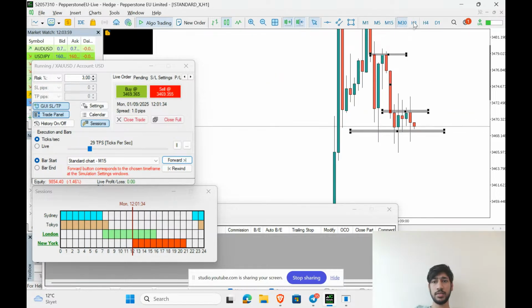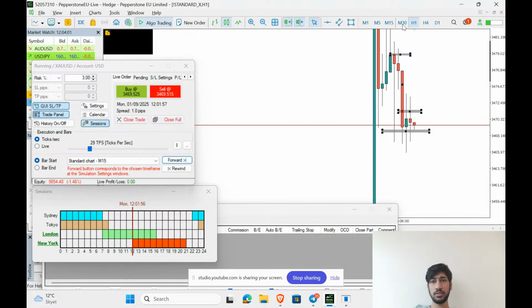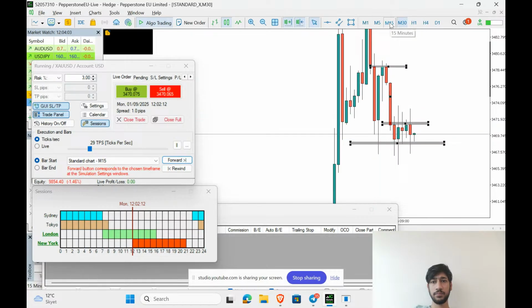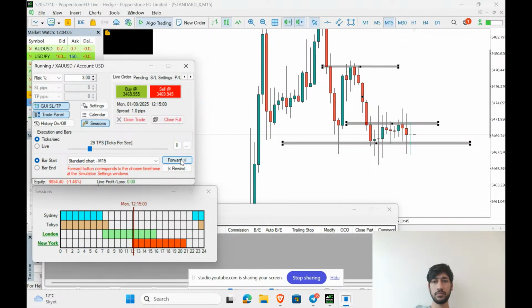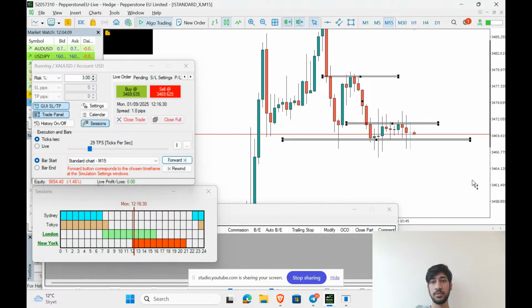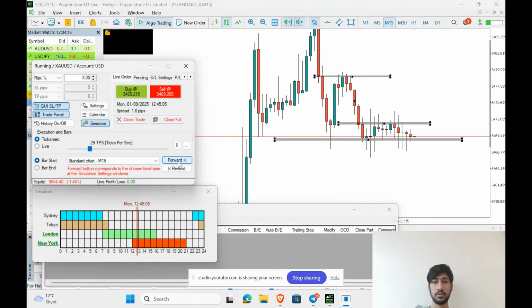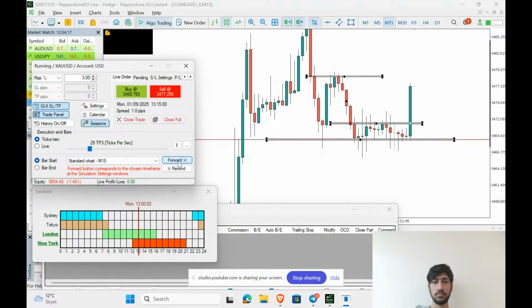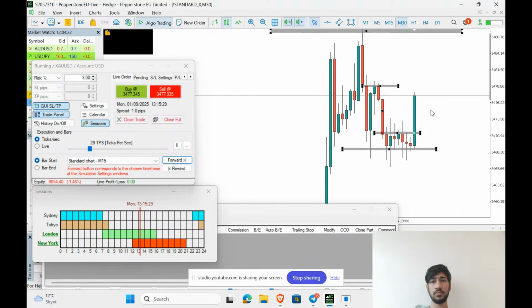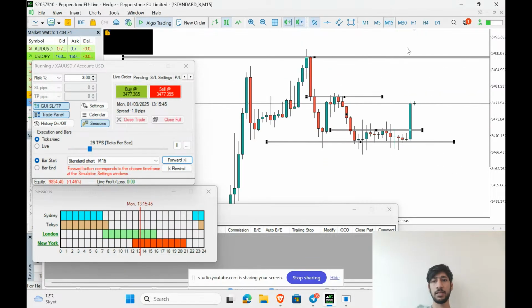M30 closed bearish, but still H1 is just like this. Wow, see this doji? It's just indecision. Maybe there is news or something. I think so. It was news, so it just went up later.